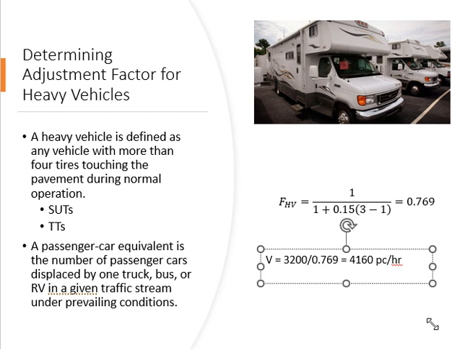The second approach is to use the EHV value, the 3, the factor which I use in the equation. I can use it directly as well. How? This factor is for heavy vehicles, right? How many heavy vehicles do I have? 15% of 3,200, right? 15% of the volume, which is how much? 480.